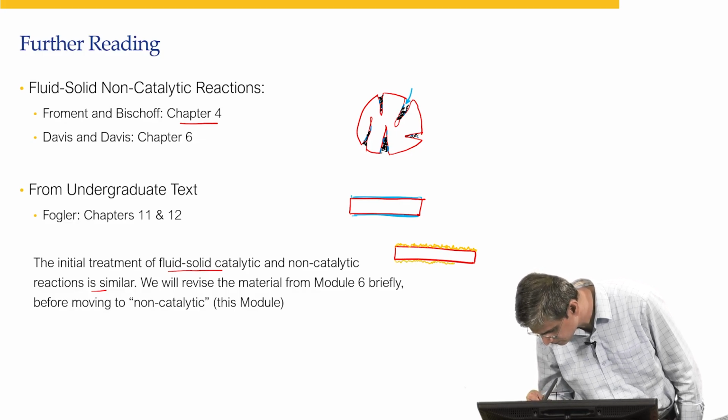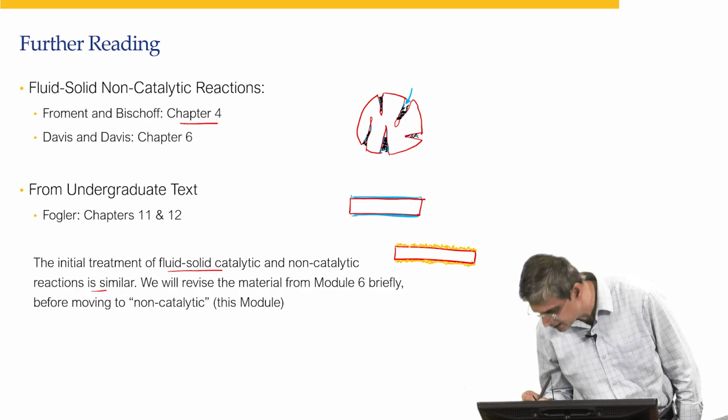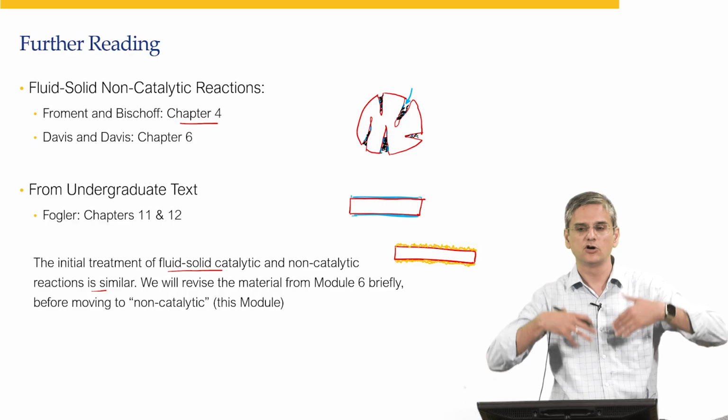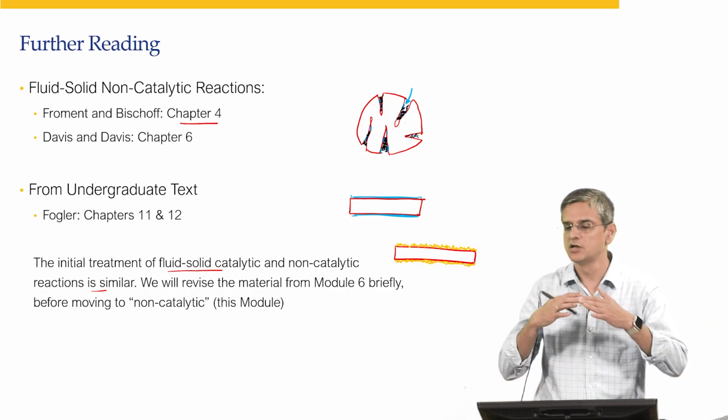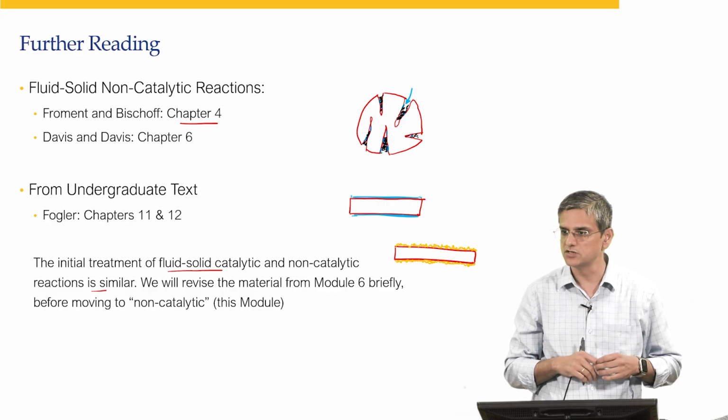When this iron oxide is there, there is no reaction taking place in the iron oxide layer. Your oxygen diffuses through that layer and the reaction is only taking place on the surface.